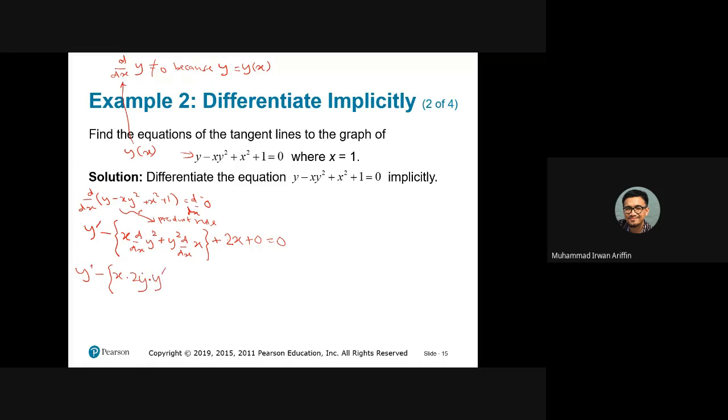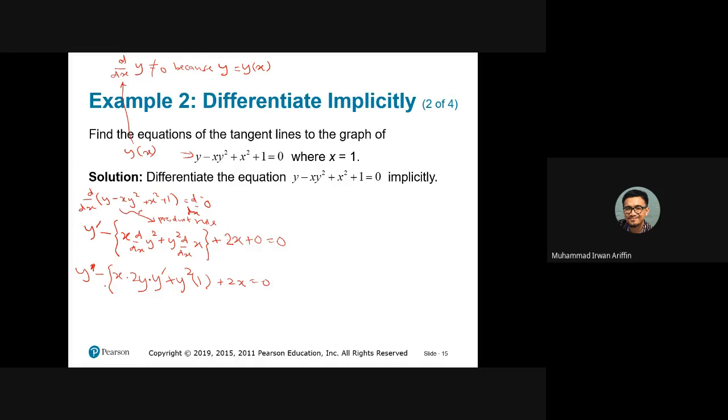We bring 2 to the front, so now this y is left with the power of 1. And don't forget, y itself is a function of x, and because of that, when we differentiate this function with respect to x, we get the derivative y prime. This y prime is the same as this y prime. Plus, we have y squared times d/dx of x, which is 1, plus 2x equals 0.